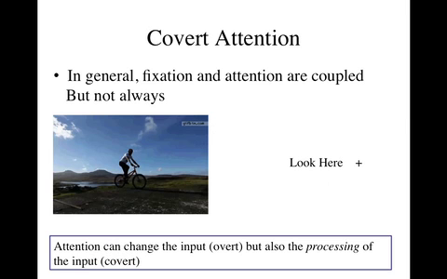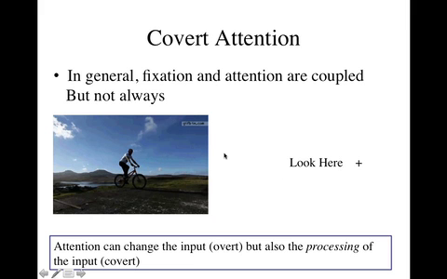Covert attention is also possible, and in this example that kind of failed in class, but if you're looking in a location here, you can process information that's happening outside of where you're looking. So attention can change the input in the sense of changing what you're looking at, so depending on where you're looking, your input's changing.